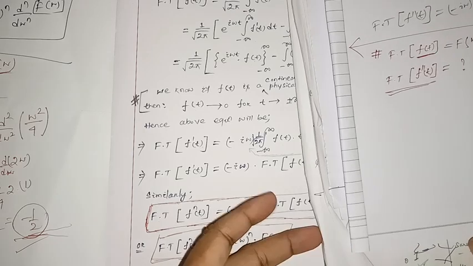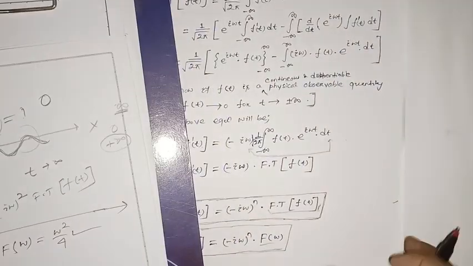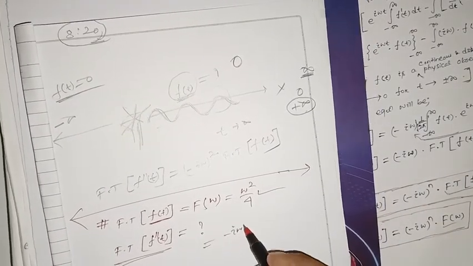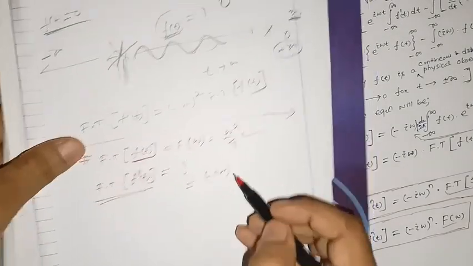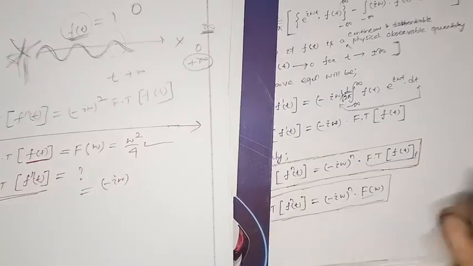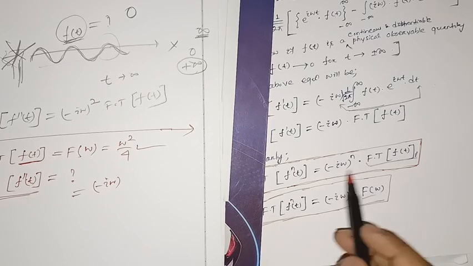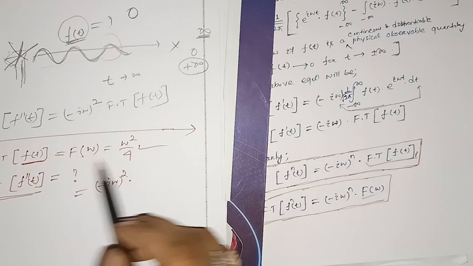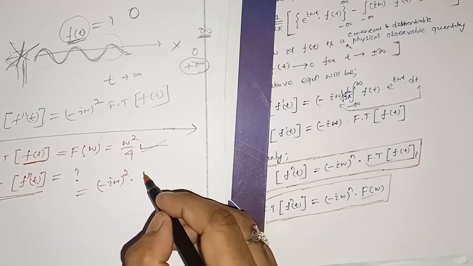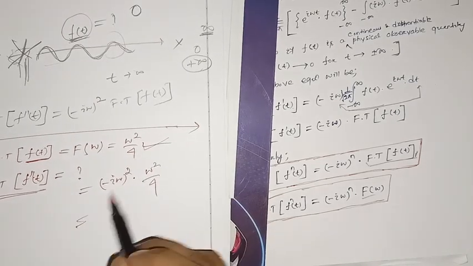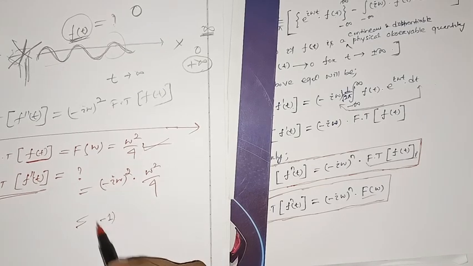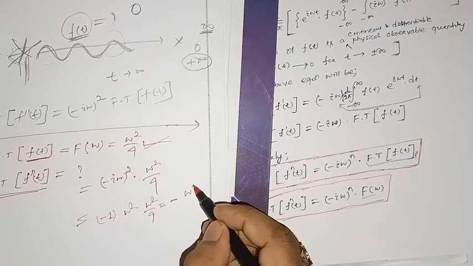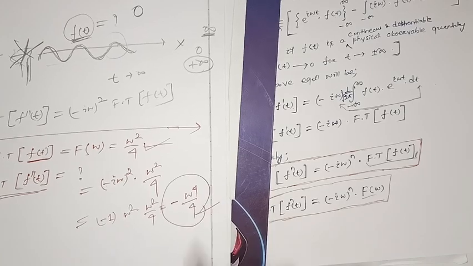So the answer will be minus i omega whole square into the Fourier transform of f of t, which is given in the question as omega square by 4. Here minus i square is minus 1, times omega square by 4. So we finally find minus omega to the power 4 by 4, direct answer.